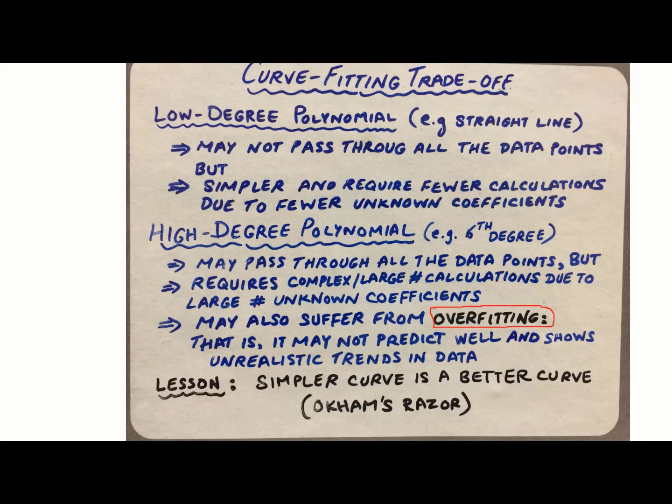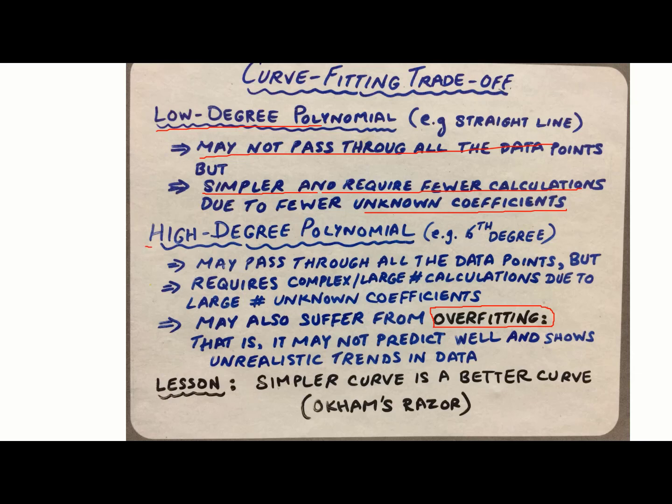So if we try to put things in perspective and summarize what we have learned so far, if you try to fit a low degree polynomial, then it may not pass through all the data points, but at the same time, the low degree polynomial has fewer coefficients that we need to learn. So it's a simple task. It poses a reduced computational complexity.